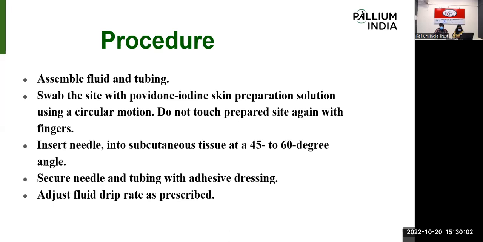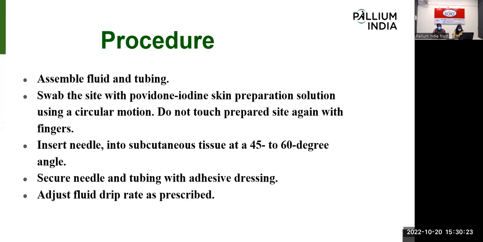Okay. If we are inserting the needle for giving the bolus type of injection, mainly we use a 26.5 size needle for giving the bolus injection in the subcutaneous area.